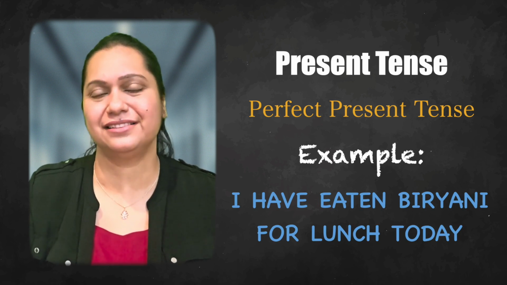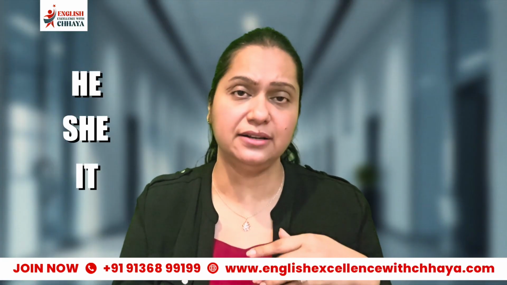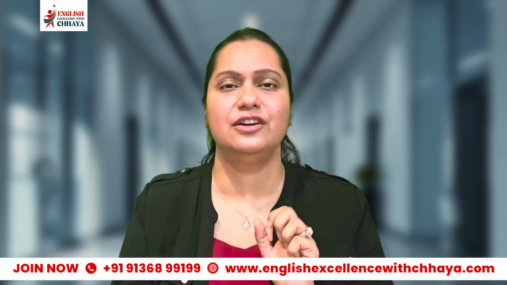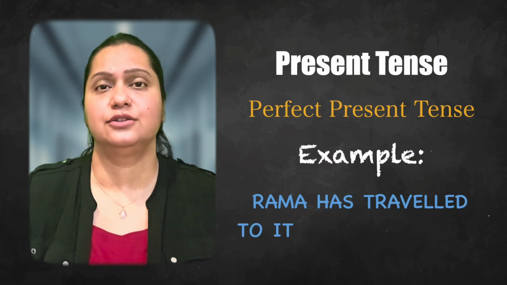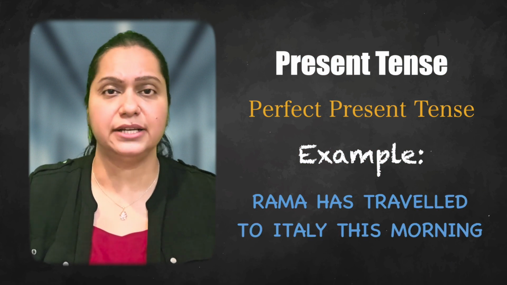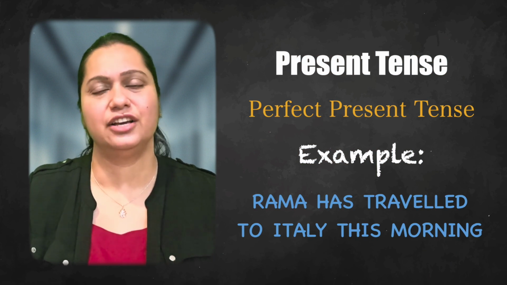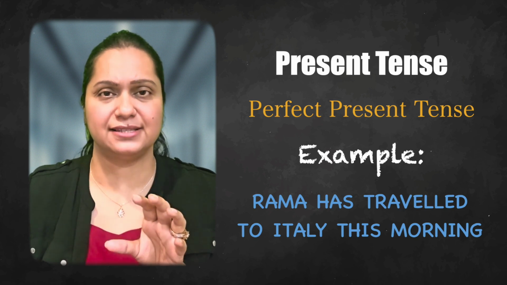I have plus the third form. When the subject varies, if it is he, she, or it, then you will use has, but V3 again. Okay. For example, Rama has traveled to Italy this morning. Rama has traveled. If you notice, the recency factor dominates in the sentence.